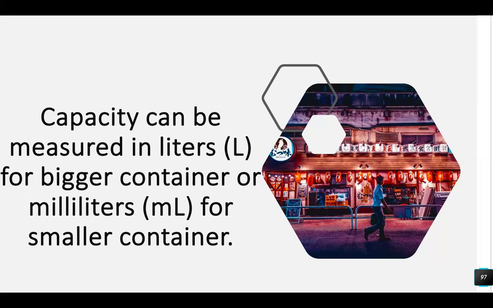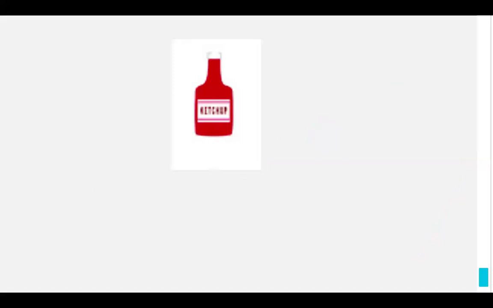When we see the 2 liters Coke, that is the big container. For the bottle of ketchup, mostly what you will see is L or ml. That is a small bottle, that's why we use ml.